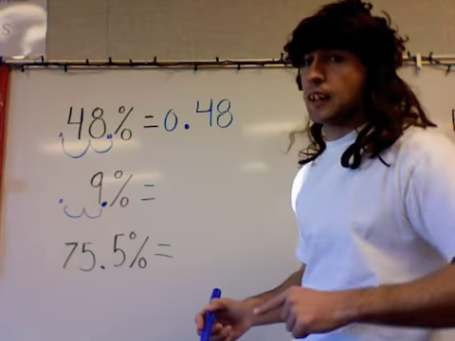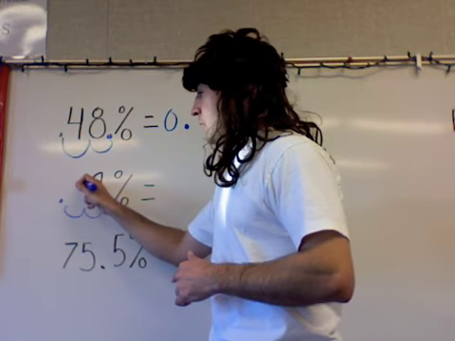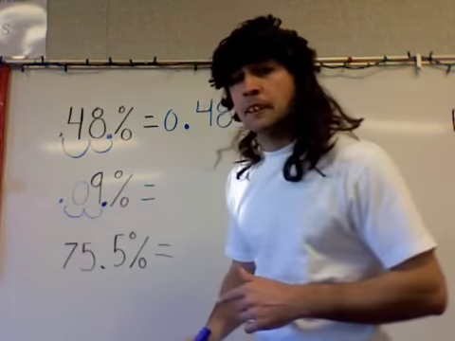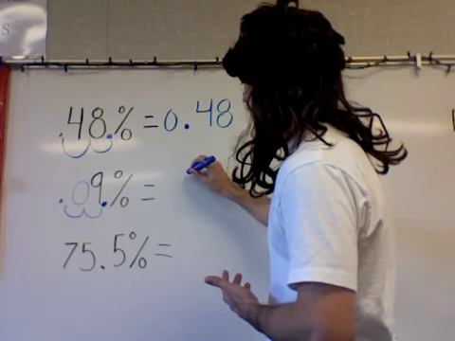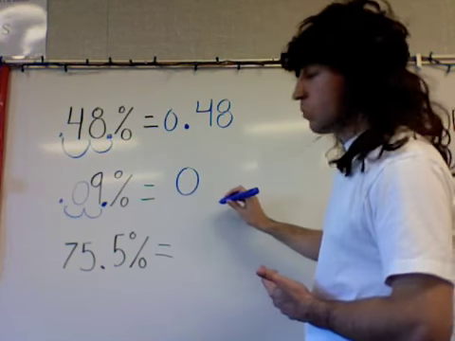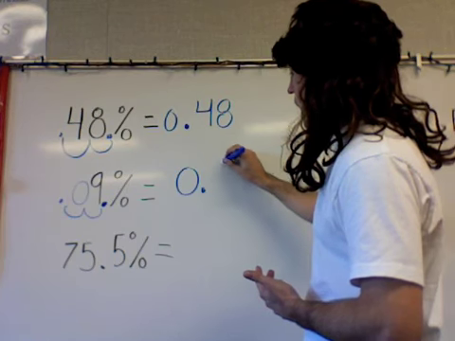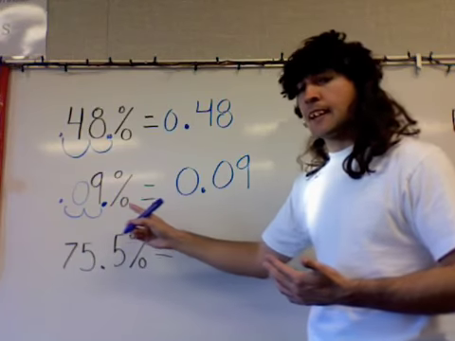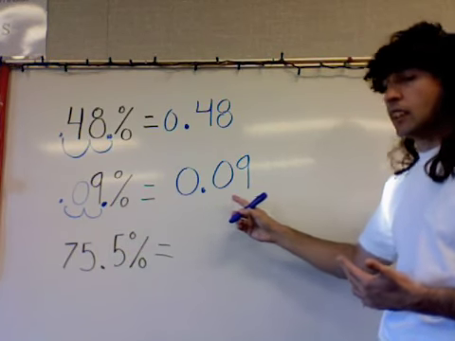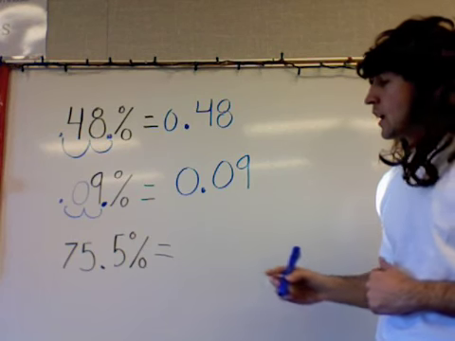And it does. It does look like a butt. However, when I have an empty space, I fill it with a 0. So this is what this bad boy looks like. It looks like 0.09. 9% is the same as 9 hundredths.